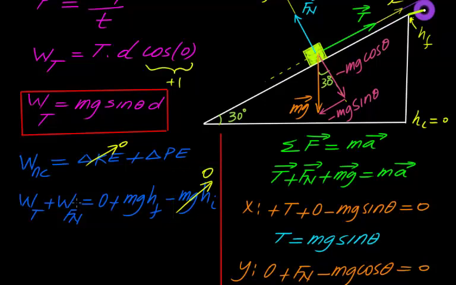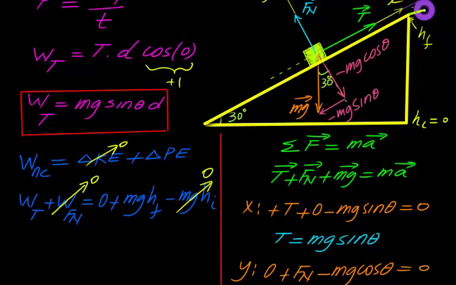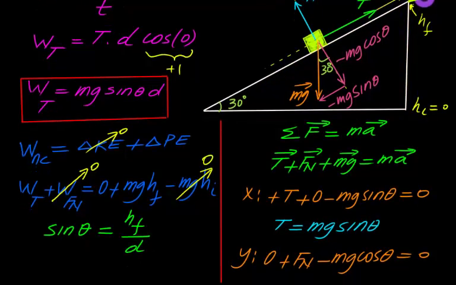Also, the work done by the normal force is 0 because the normal force is perpendicular to the displacement, which is up the incline. The remaining quantity that needs to be evaluated is the height final, and that can be done using the trigonometry of this right triangle. Notice that the sine of the angle theta, which is my 30 degrees, equals the opposite, which is the height final, divided by the hypotenuse, which is the displacement d.